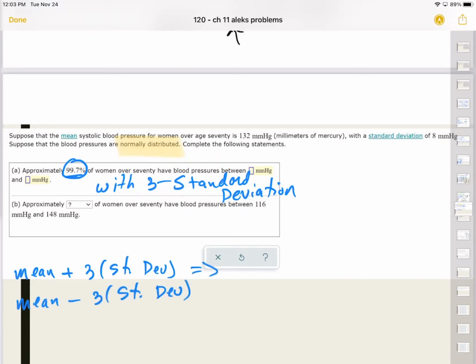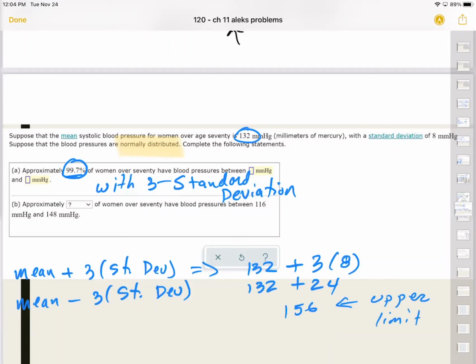If you look at this, they give us the mean, 132. If we add 3 times the standard deviation, we have 132 plus 24, which is 156. This is your upper limit, your higher number.